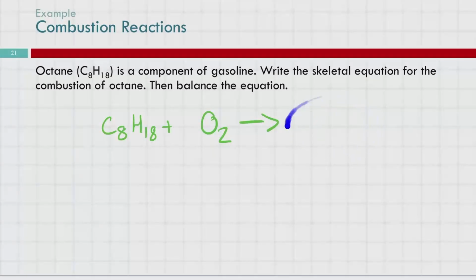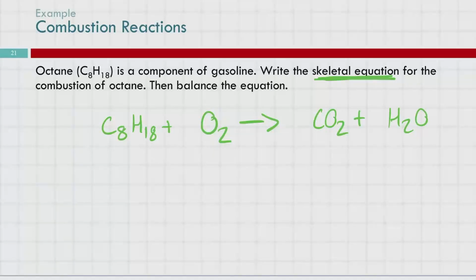What are our products? Carbon dioxide, CO2, and H2O. So this would be our skeletal equation for the combustion of octane. And then to balance it, we need to follow our steps for balancing. So we're looking at what first? Carbon.